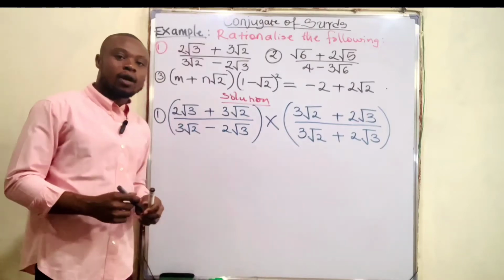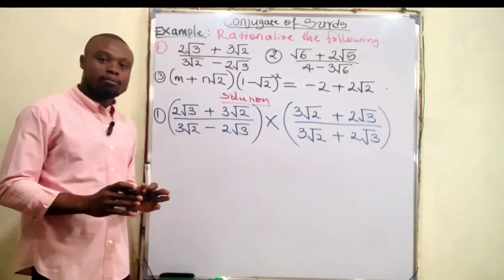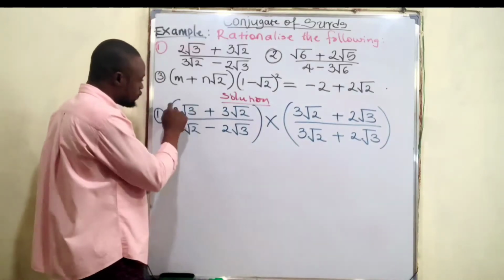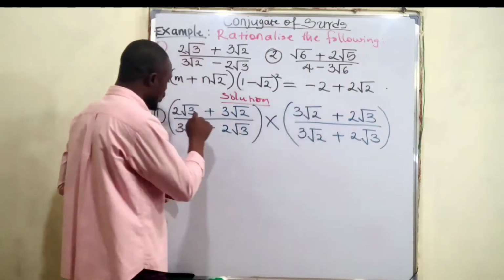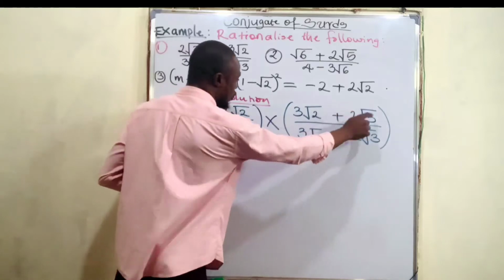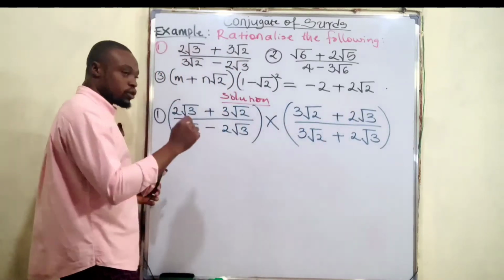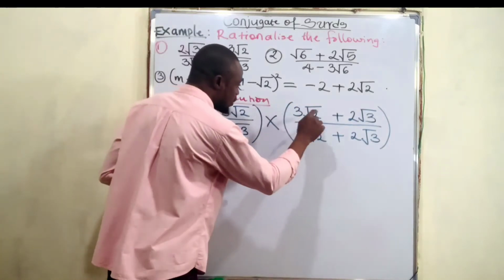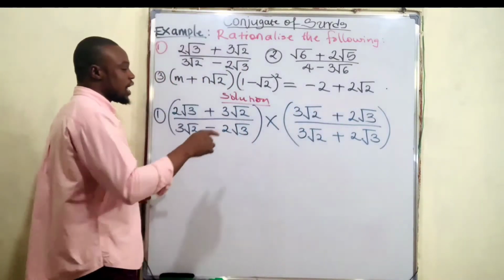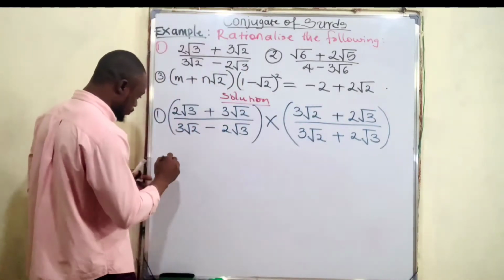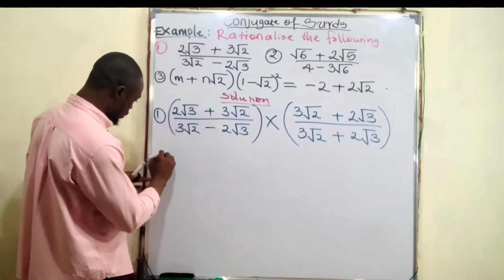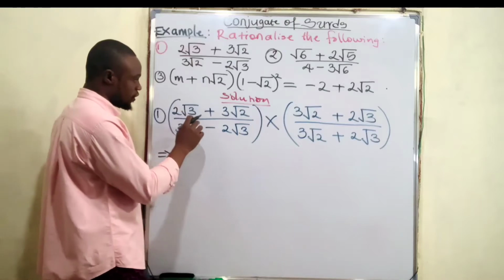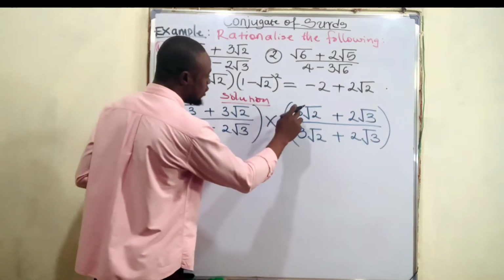So we just do the multiplication process gradually. The first root multiplies the first root, also the first root multiplies the second root. Then when we are done with that, we'll go to the second root to multiply the first one, and also multiply the second one. All right. So now 2 root 3 multiplies 3 root 2.